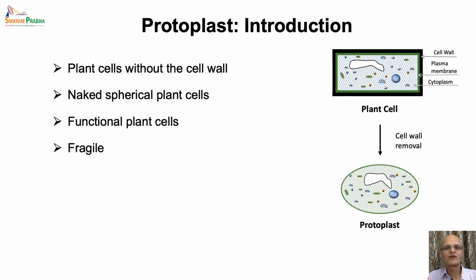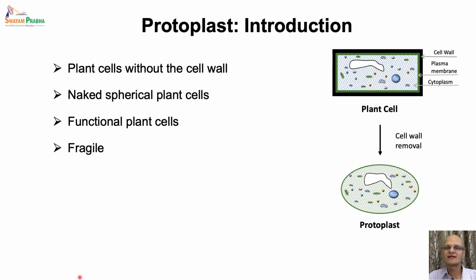Protoplasts are very fragile both biochemically as well as mechanically. In plant cells, the cell is protected by the presence of the cell wall. Once it's removed, it is the membrane that has to hold everything. Hence, these are fragile and can easily be broken.